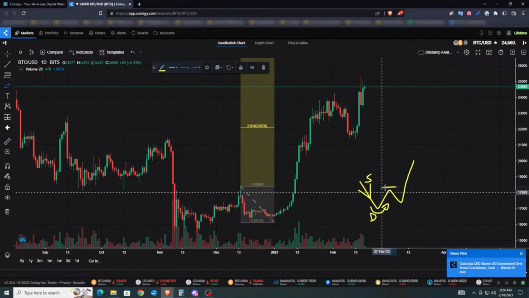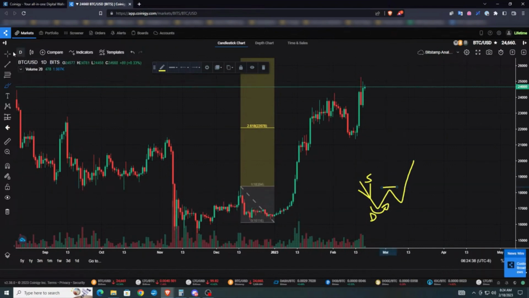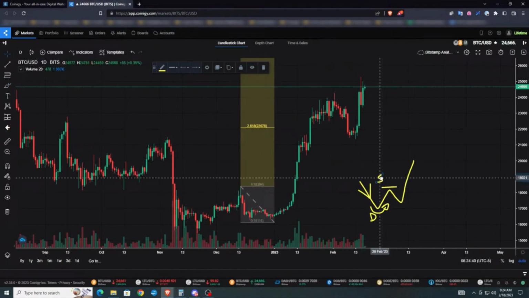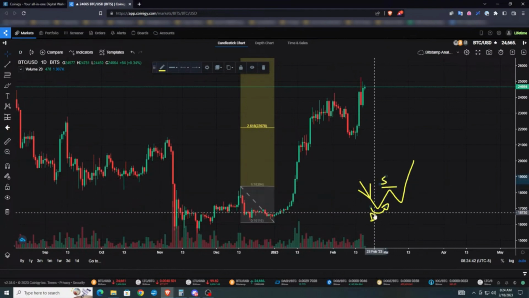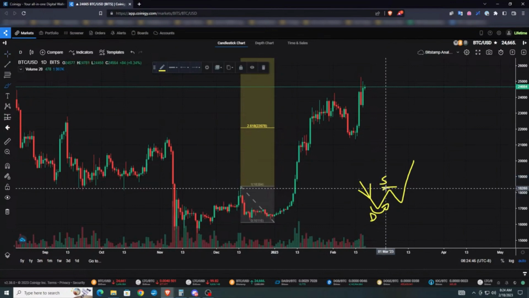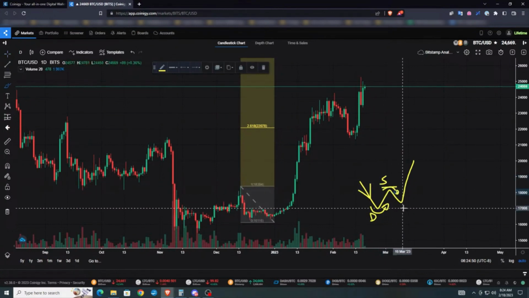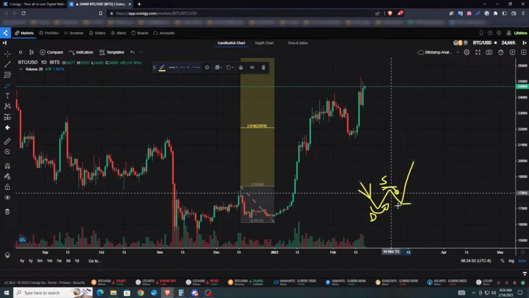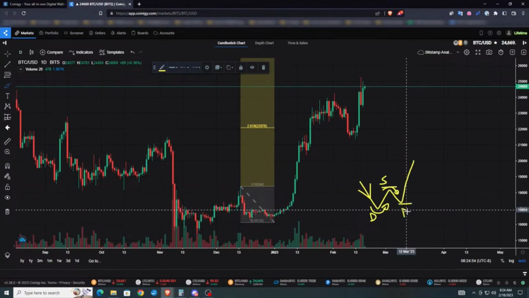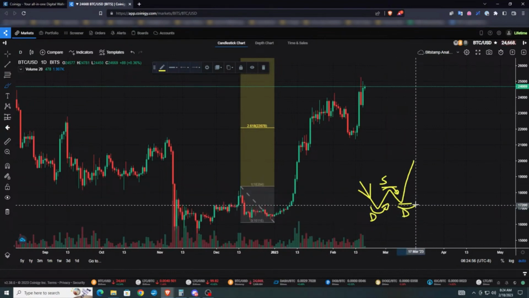Now at this point right here, we can put our little S over here, supply now overwhelms demand. So price heads back down. Then you see we run into this level here, demand steps up and it overwhelms supply.